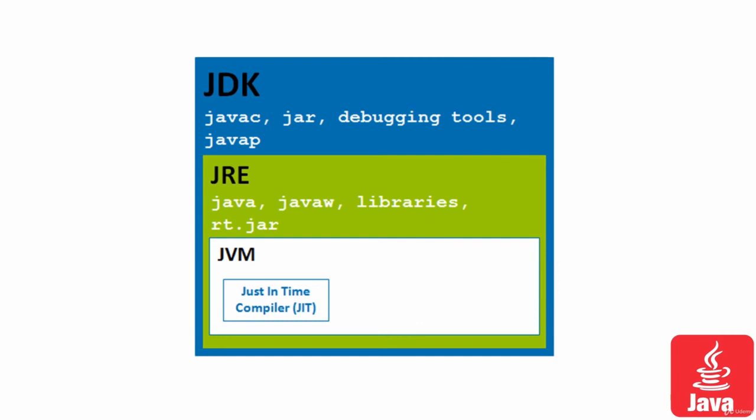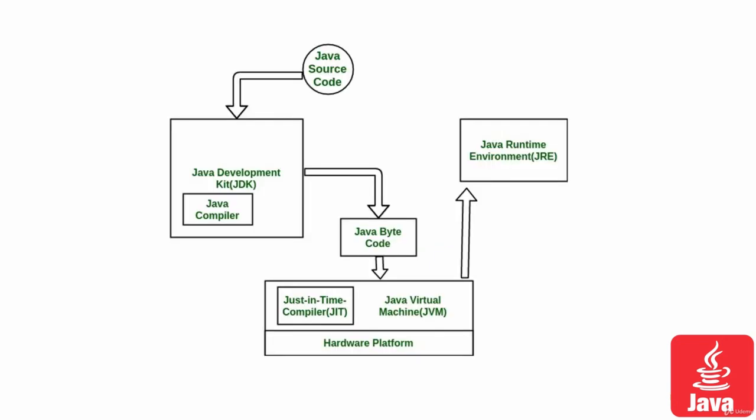With JVM, you get a just-in-time compiler to compile the bytecode, read, verify, and execute the bytecode. With JDK, you get javac, the Java compiler, the jar generator, the Java archive generator, the debugger tools, and javap, the documentation, and different tools as well.